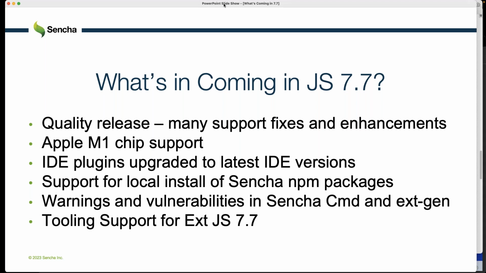We also have upgraded all of the IDE plugins, all of the editor plugins, to the latest versions of their respective products. And we'll take a look at those. In particular, we'll look at the Visual Studio Code plugin just to give you an example of its usefulness.